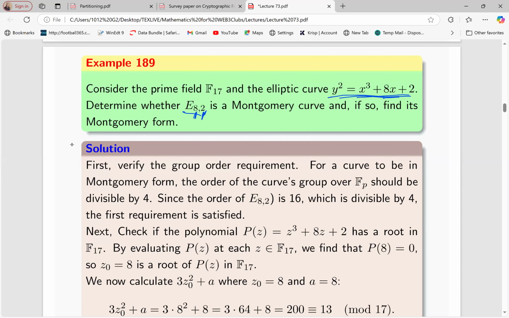So that if somebody writes this, you can know what elliptic curve this person is referring to. If somebody writes this, you can know that this person is referring to y squared equals x cubed plus 8x plus 2, and of course is working mod 17.